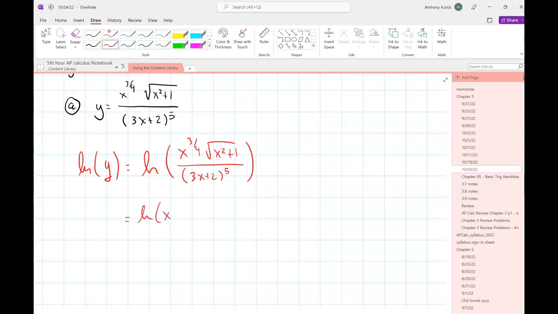So I begin by doing the quotient property. That's the first thing we check for. We do indeed have a quotient.